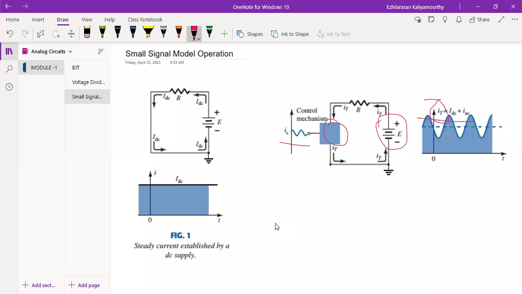The efficiency factor is equal to the output power, P naught, divided by the input power. It cannot go more than one. It means your output power P naught should not go more than your input power.